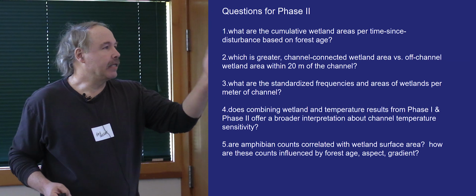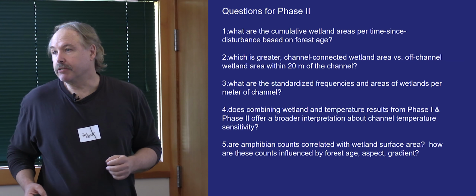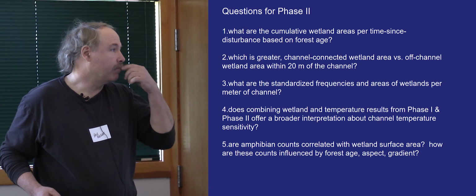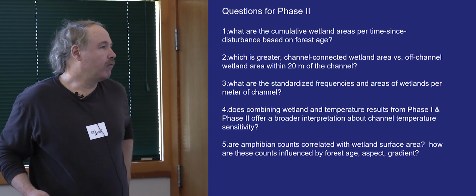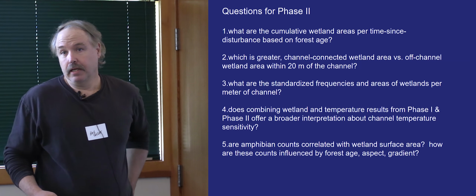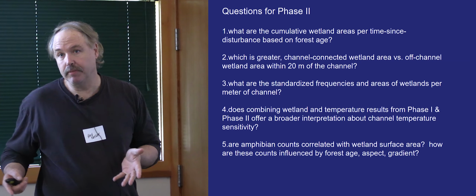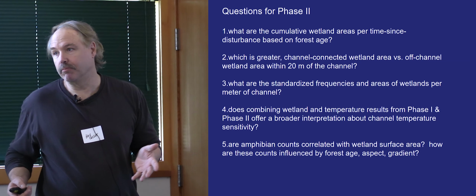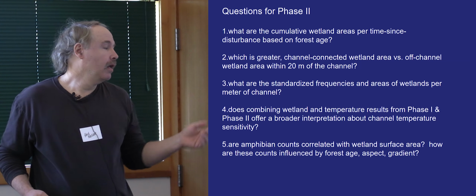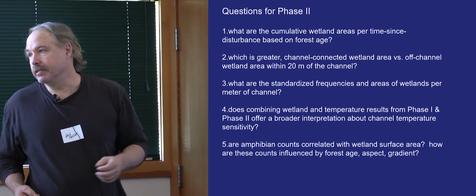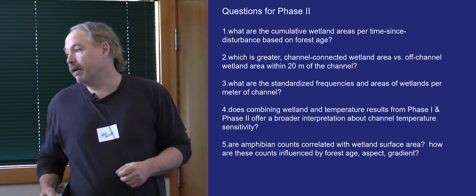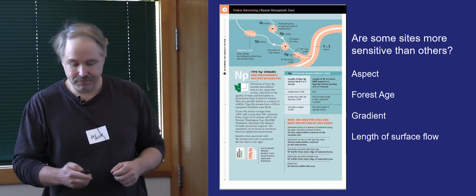For number 3, that's just from our basic metrics that we'll get from our mapping procedures. For number 4, as Jack just explained, the stream temperature wetland relationship just needs more evaluation. So for 5, we're going to look at amphibians this time, possibly look at macroinvertebrates.